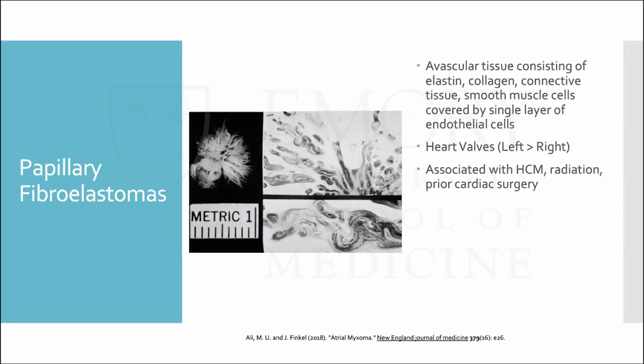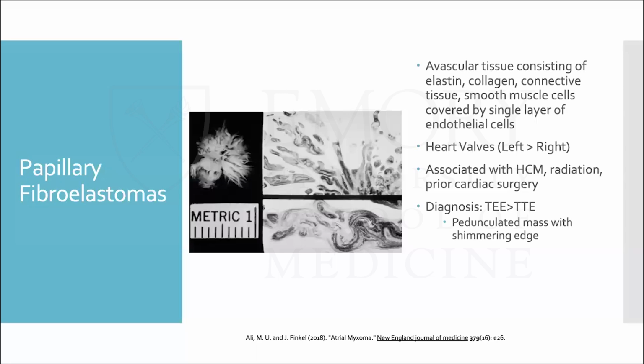There seems to be an association with prior cardiac injury. So patients with hypertrophic cardiomyopathy or previous chest radiation or prior cardiac surgery seem to be at increased risk for these tumors. And really, the diagnosis is through echocardiography, and they usually appear as a pedunculated mass on a valve with a shimmering edge.